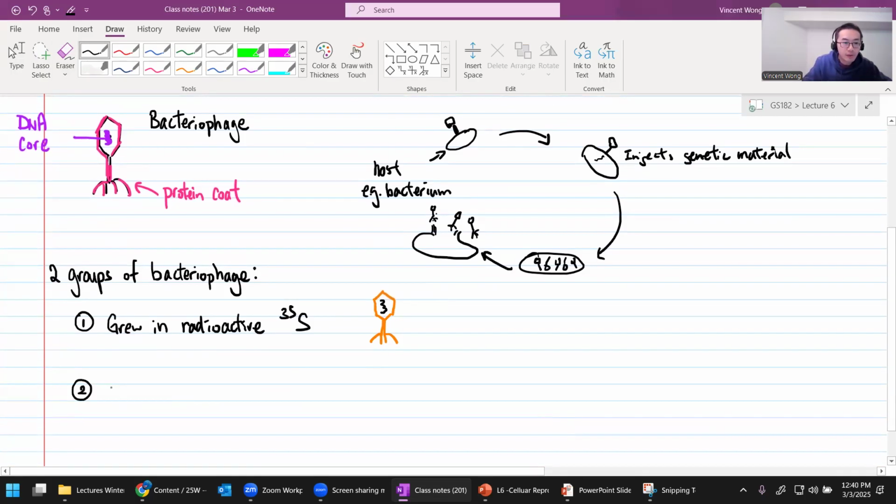There is a different batch, and this time they grew in radioactive... what should we use? If we want to label the DNA and not the protein, what element should we make radioactive? What's something that you find in DNA but not protein? What element?